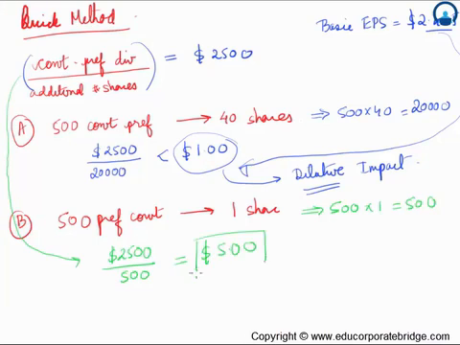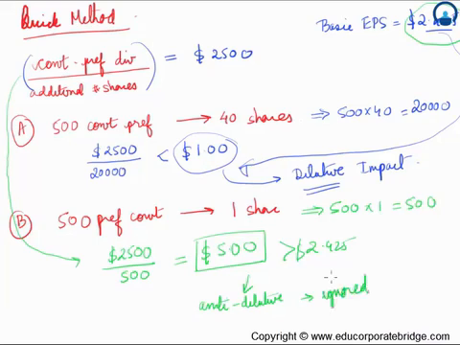If I compare this 5.00 to 2.425, I find that this is greater than 2.425, and we imply that these securities would be anti-dilutive and should not be considered. In fact, they should be ignored while we calculate the diluted EPS. So here this was anti-dilutive. In the first case it was dilutive, and this could be found using this shortcut method that we have now looked at.